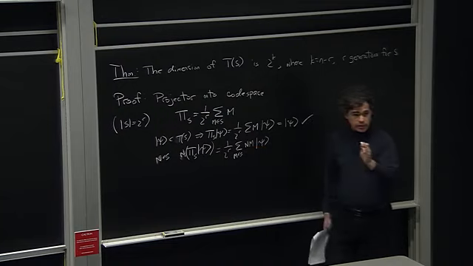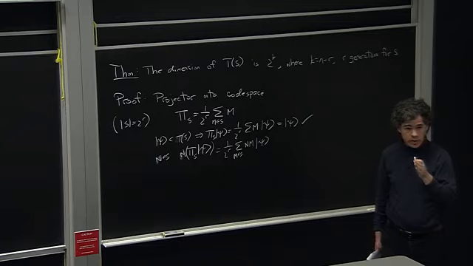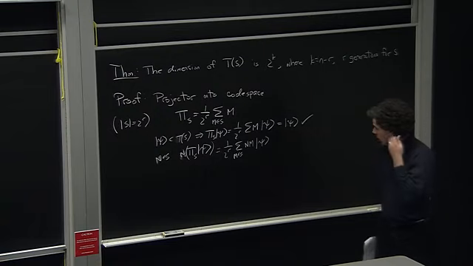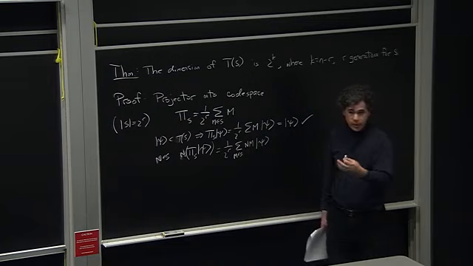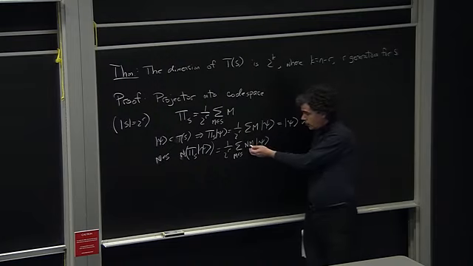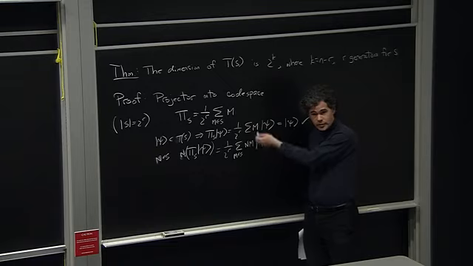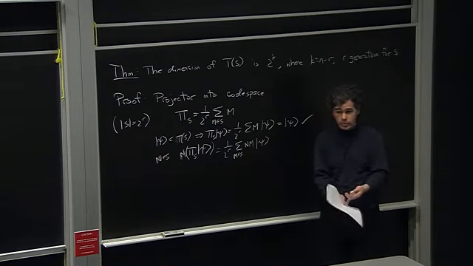If M is in the group, and N is in the group, then N times M is also in the group, right? And moreover, N times M cannot be equal to N times M prime unless M is equal to M prime. So this is in the group, and for different values of M, it's a different element of the group. So before I had the sum over everything in the group, I still have the sum over everything in the group. I've just rearranged the terms.